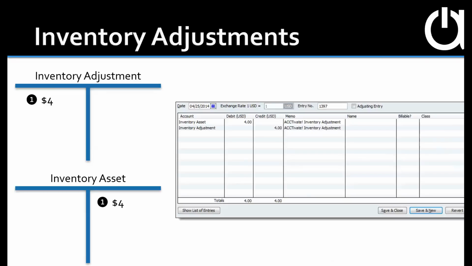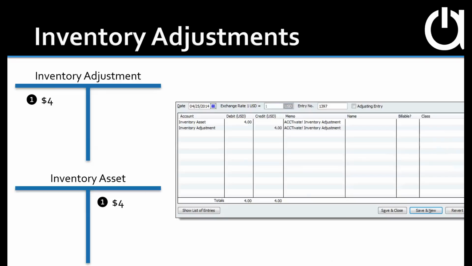When we do teaching for accountants, and we're talking about inventory, we'll actually ask folks to stand up and raise their right hand, and we'll say, I will never do a journal entry directly to the inventory asset account. It's a common thing, but we want to make sure that Acctivate's controlling your inventory asset, not a journal entry.